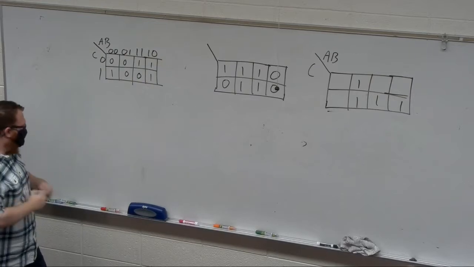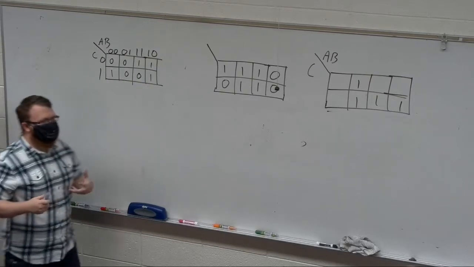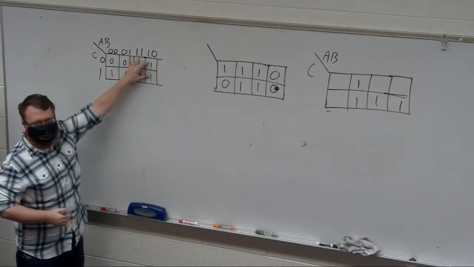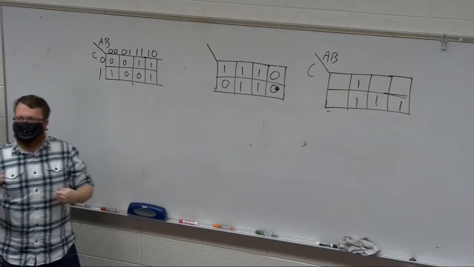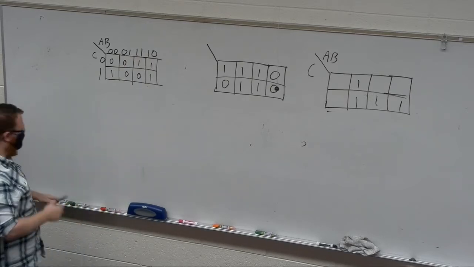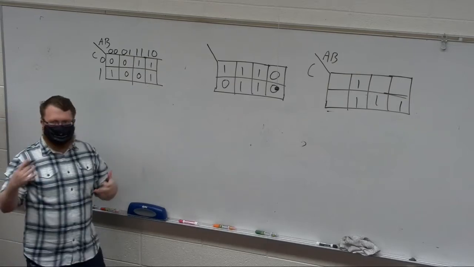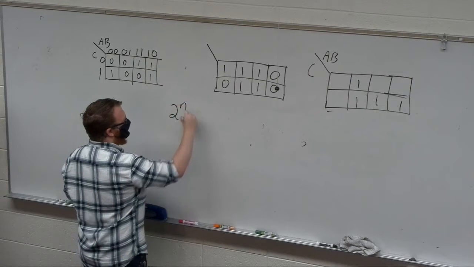Once we're logically adjacent, as long as they are true next to each other, we can simplify. And we identify the terms that we want to use for simplification by circling any combination of ones as long as there are 2 to the n of them.